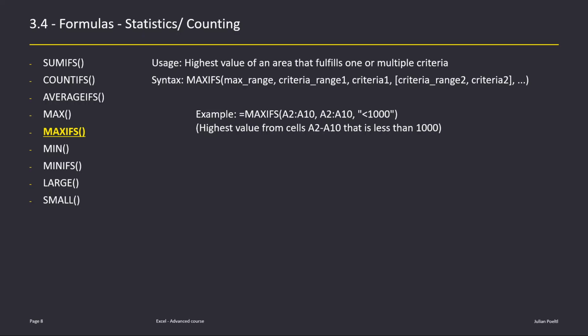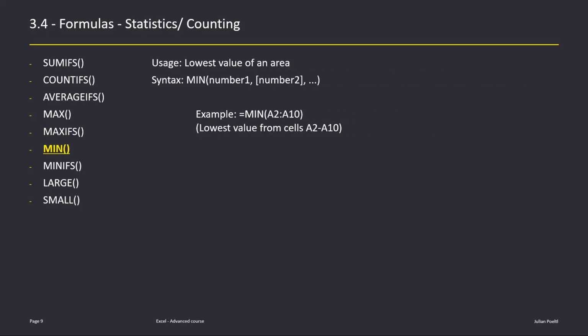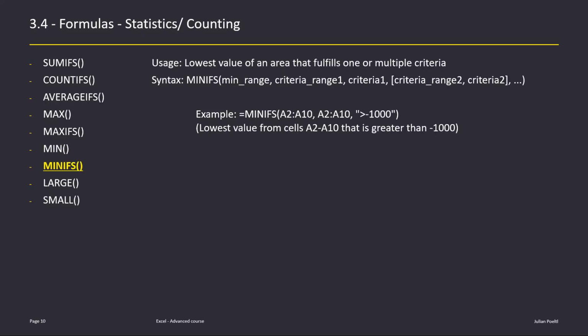For example, the largest value that is less than 1000 in a certain area. MIN is the other way around, so the lowest value of an area. It works the same as MAX, and MINIFS is the lowest value of an area that fulfills one or multiple criteria. So for example, here the lowest value that is greater than minus 1000.